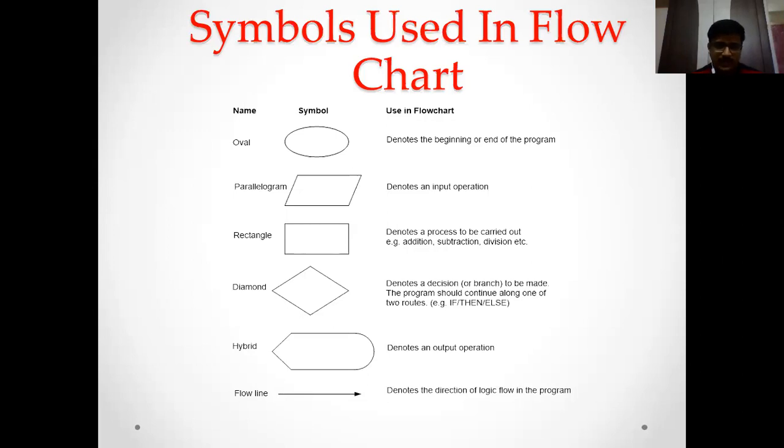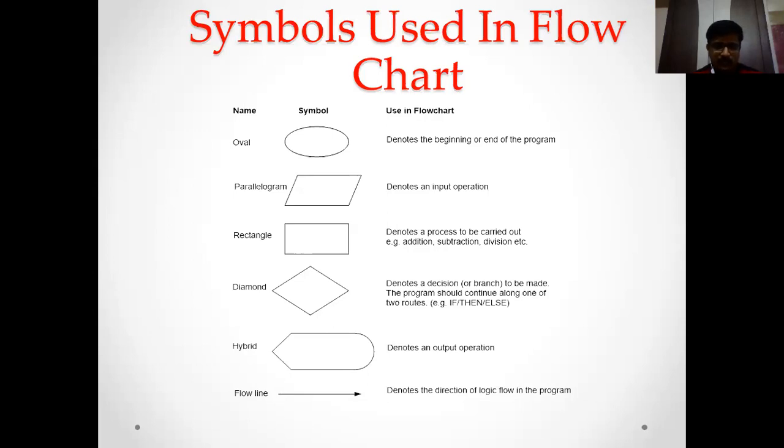The next one, the hybrid shape, denotes an output operation. We can use this hybrid representation, or we can once again use the parallelogram to indicate the output operation. So for both input and output we can use a parallelogram, or we can use the hybrid to differentiate between input and output. Next one, the flow line.